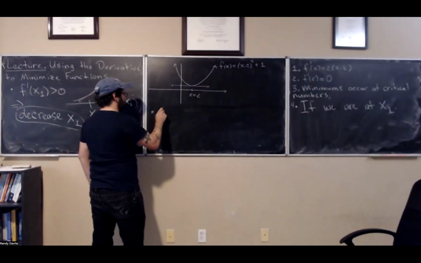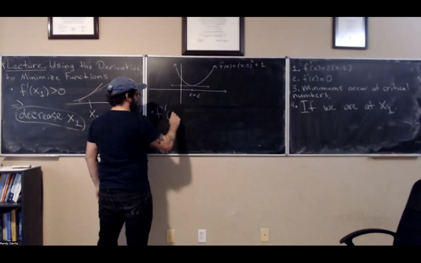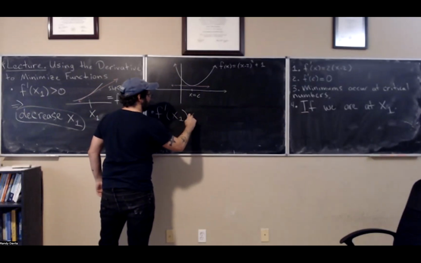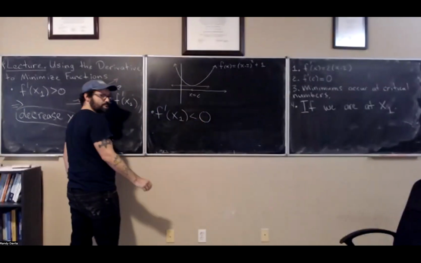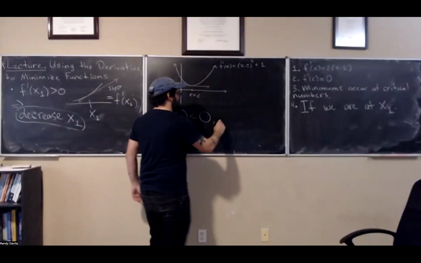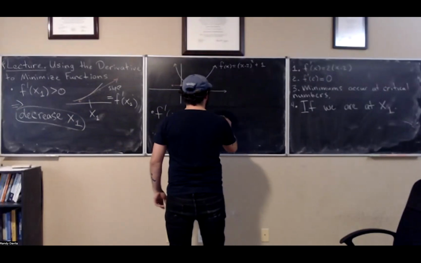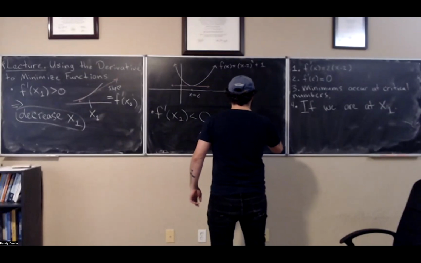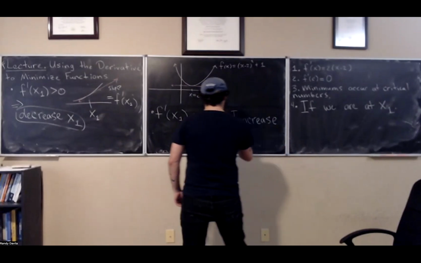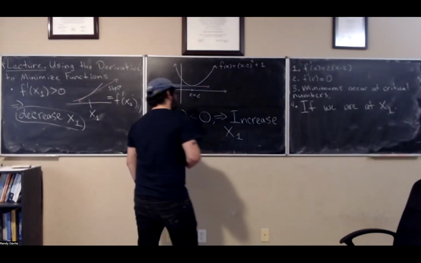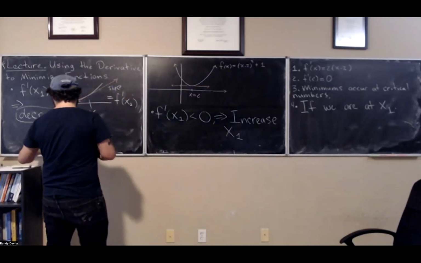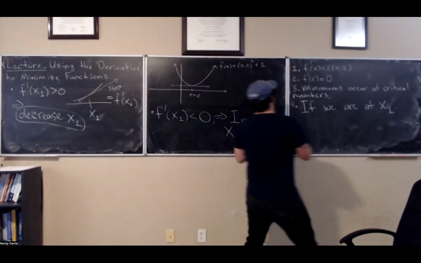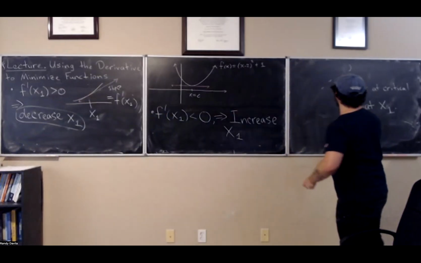What about f prime at x1 if that's less than 0? Then we need to increase x1. Right, we need to add to it. And why is that? Suppose, again, I'm trying to draw everything really big right now to help with the blurriness.